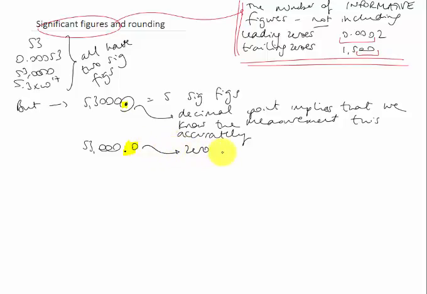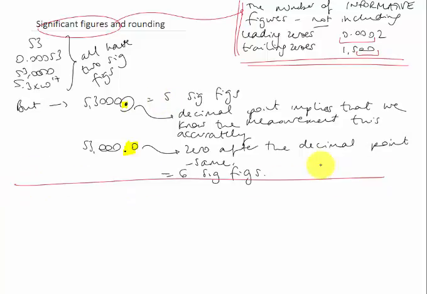So here the 0 after the decimal point also implies that we know the measurement this accurately. So here this is 6 significant figures. Okay, so that's how you count the number of significant figures, and I think that should cover everything you need to know on that.